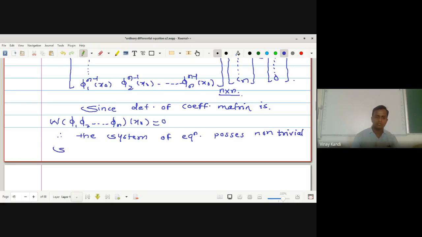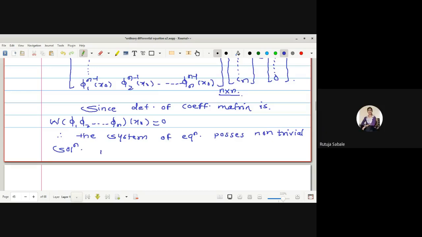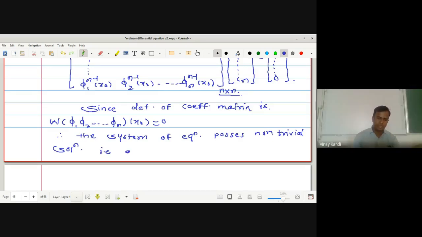Okay, any doubt? No, sir. That is, at least one of the constant, one of the constant Ci, okay, which constant Ci are non-zero.